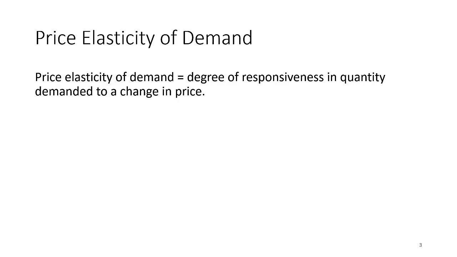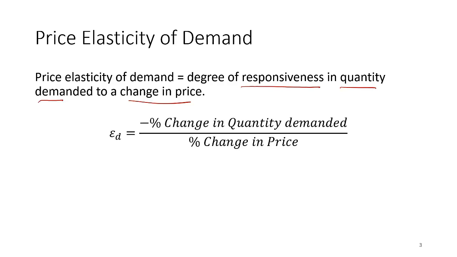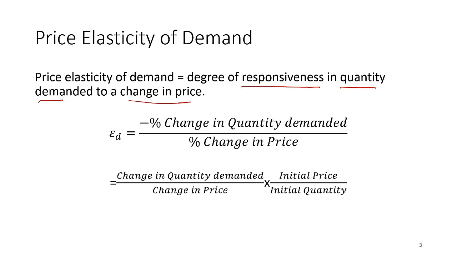So price elasticity of demand is nothing but the degree of responsiveness of quantity demanded to a change in price. So we are trying to measure the degree of responsiveness, how much the quantity is going to change if the price changes. And it's measured using a formula, which is percentage change in quantity demanded divided by percentage change in price. And how do we calculate all these things? We calculate this using change in quantity demanded over change in price times initial price over initial quantity.